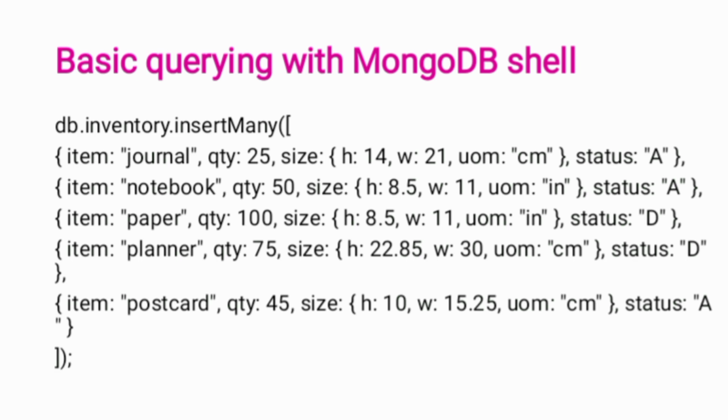Next, basic coding with MongoDB shell. This code is using the insertMany method to insert multiple documents into a collection named inventory in MongoDB. Each document represents an item with various attributes such as item, quantity, size and status.